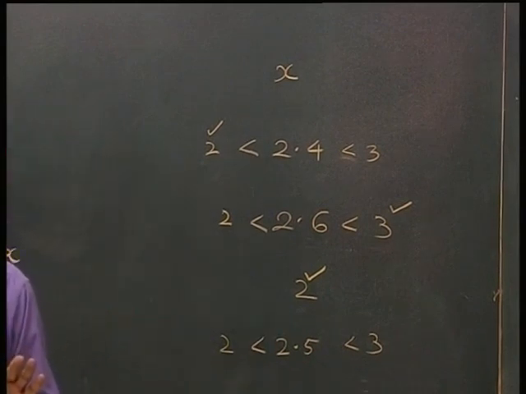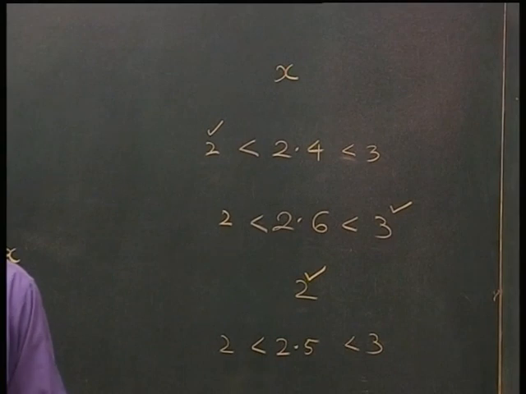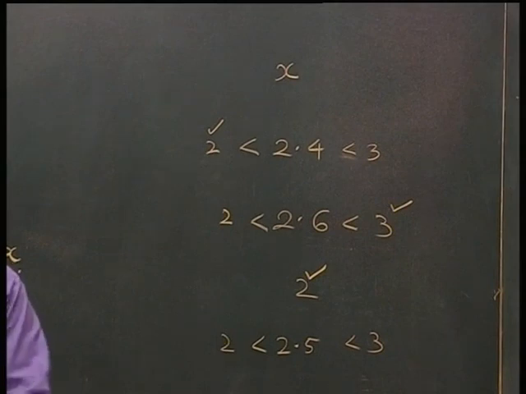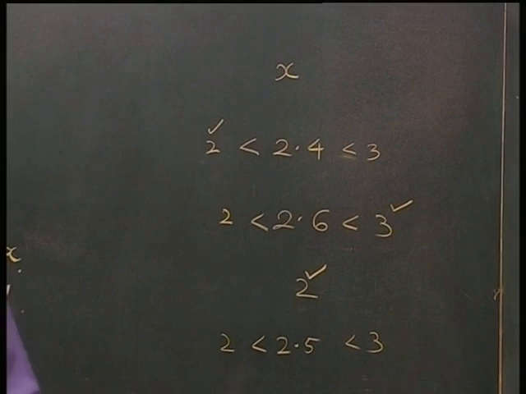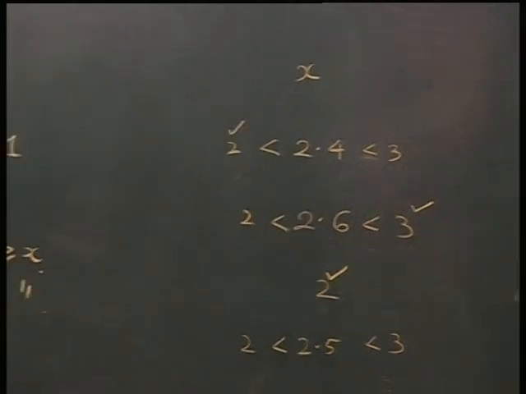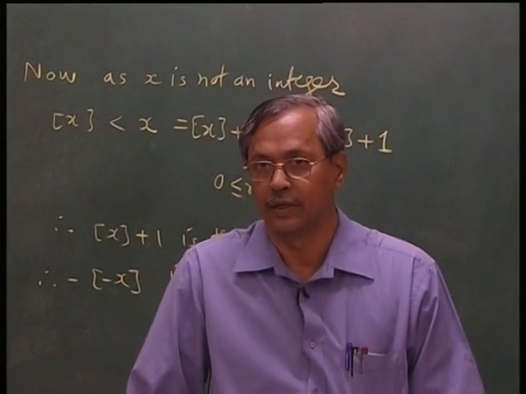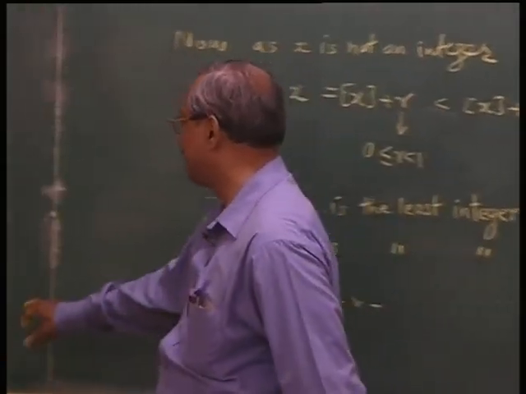That is given to you. Your nearest integer function should be such that whenever there is doubt, like you have a number like integer plus 1/2, integer plus 0.5, for that number you should take the larger one out of the two possibilities. This is your function. Now can you write this function in terms of the greatest integer function?